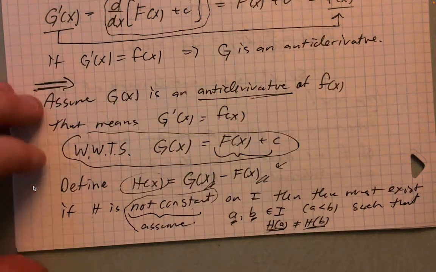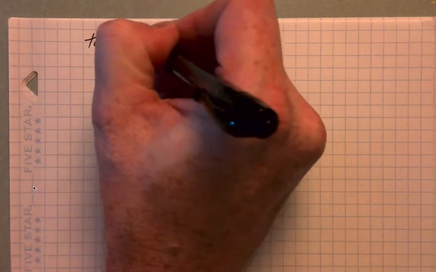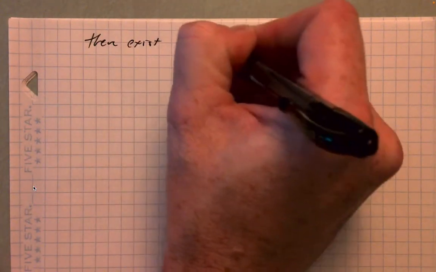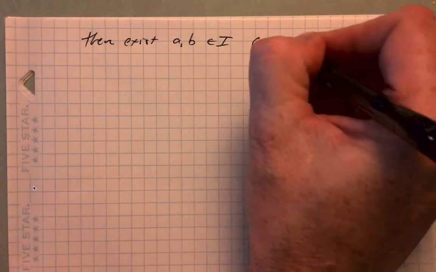All right. So now let's take a look at what happens. I'll bring the information back from the previous page. So there exists a and b in the interval I, and we'll just say a is less than b.